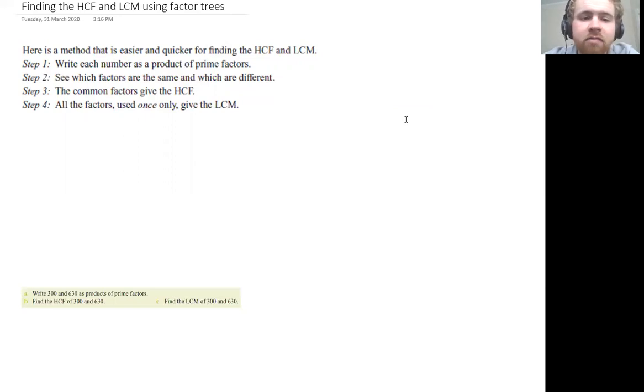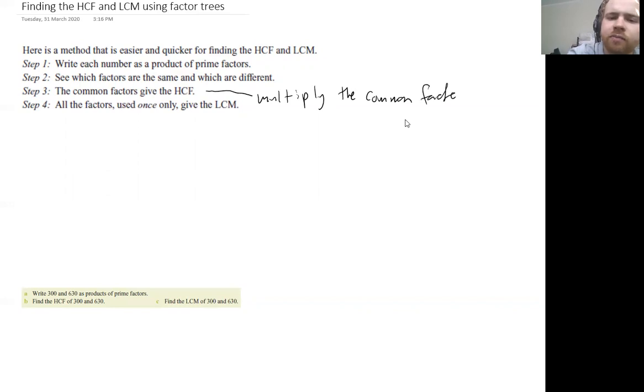Okay, and the common factors that are common between the two numbers will give us the HCF when we multiply them together. Okay, so we multiply the common factors together, excuse my handwriting, to find the HCF.